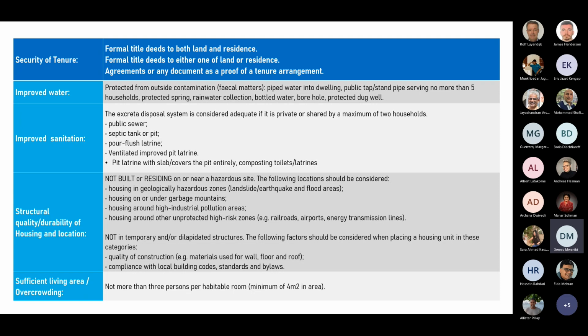So we look at the provisions in the building codes and standards that exist within each of these countries where we're measuring the performance. Then the last one, on sufficient living area or the indicator of overcrowding, we consider a household to be crowded if more than 3 persons live in a room that is about 4 square meters in area. Because of course, if you have a bigger room and 3 people living in it, then it doesn't mean that you'll be living in overcrowded situations.